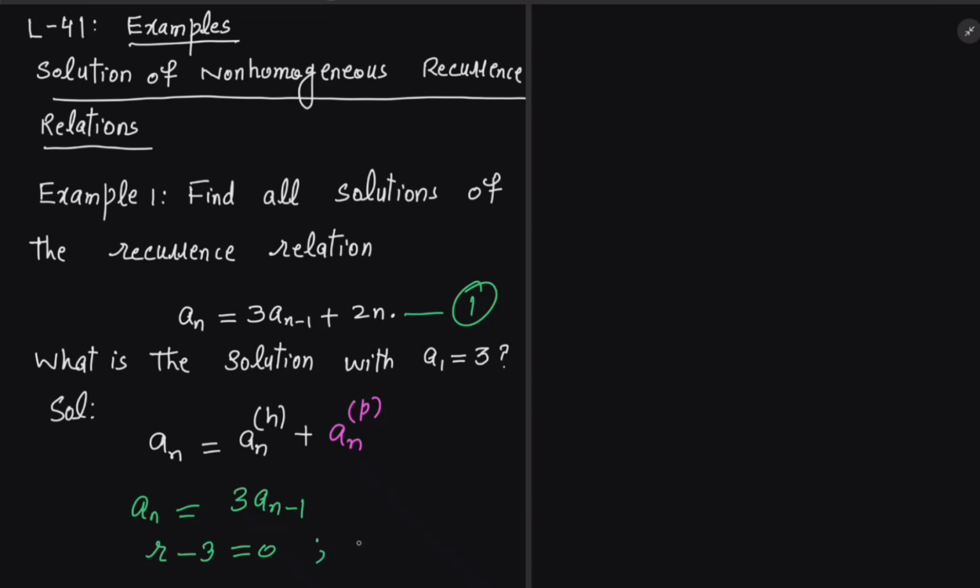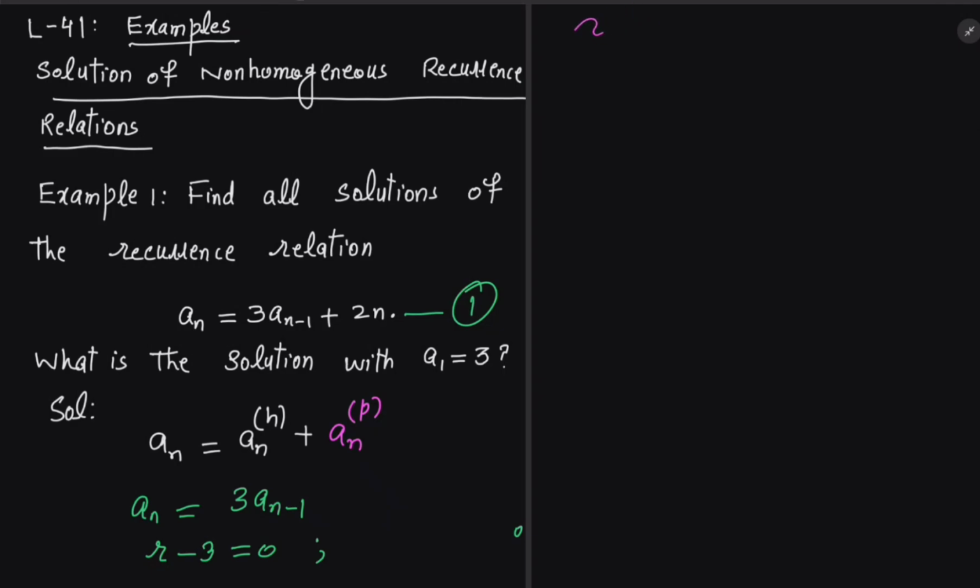Let me just recap what the characteristic equation was. r square minus c1 r minus c2 is equal to 0. And if you have only the first degree recurrence relation, in this case it is 1, then you write r minus c1 equal to 0. That's how you write the characteristic equation.